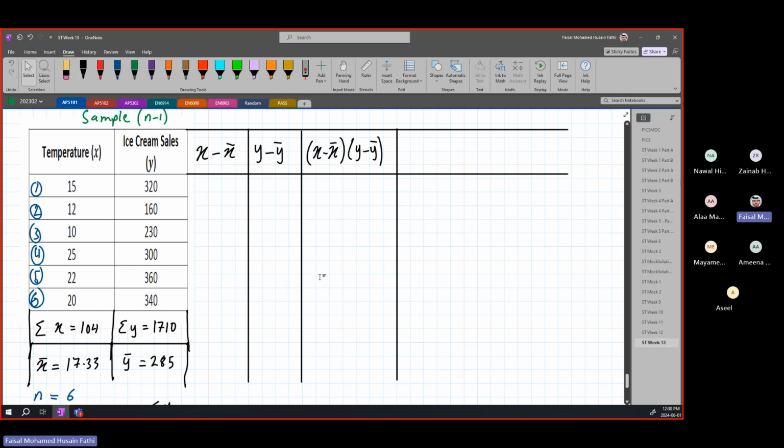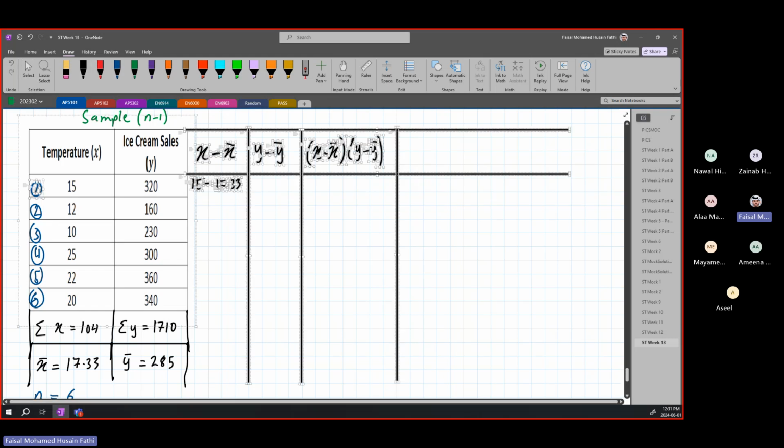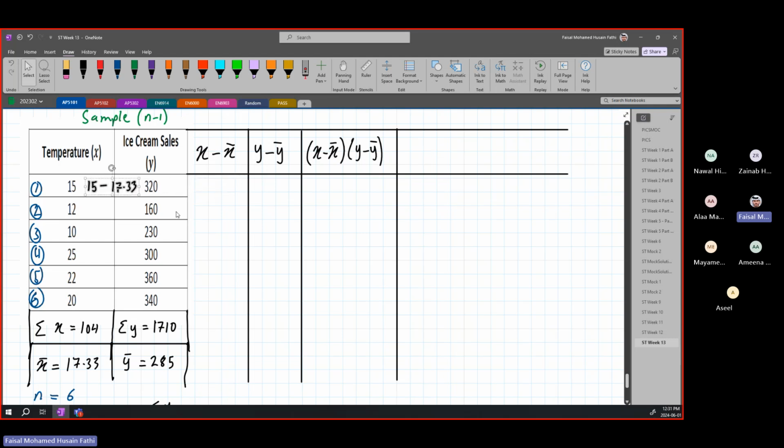So again, x minus x bar is simply, for the first one, we're going to be subtracting 15 minus our x bar, which is 17.33. All right, this is what we're going to be doing for all of them. Okay, so I'm just going to keep it on the side over here. So 15 minus 17.33.